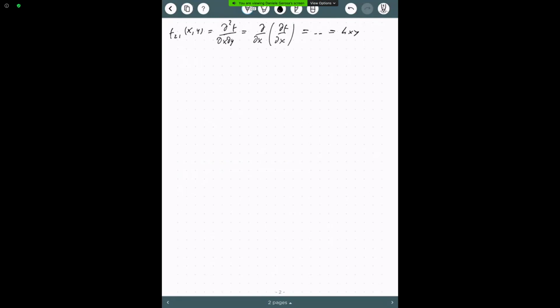Now a question for you. As you have seen, notice that f21 is equal to f12. Is this a coincidence? Or if not, why do we have this equality?